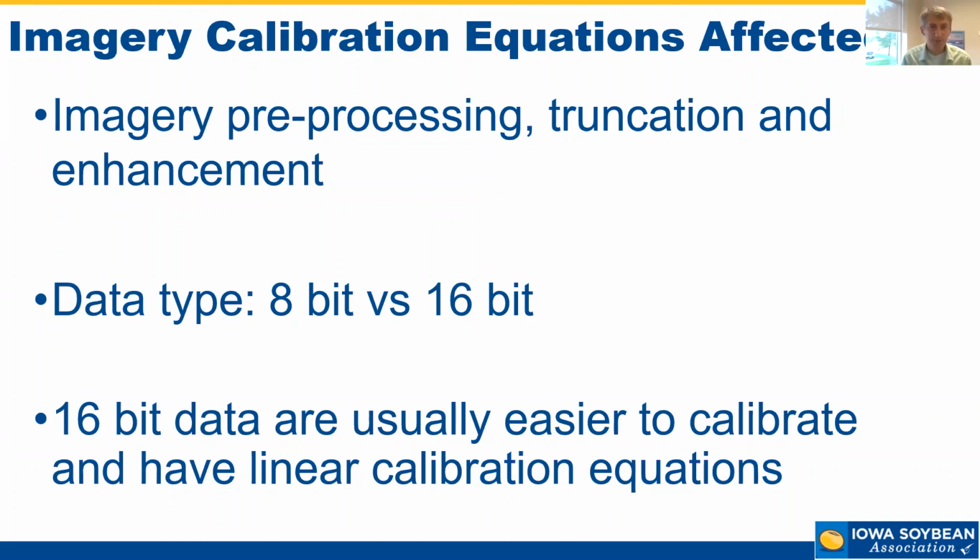Another important issue is that if you want better quality for calibration and linearity, it's better to have 16-bit imagery than 8-bit. That probably also relates to the preprocessing and truncation, because dealing with high volume imagery is not easy, especially for 16-bit and so on.